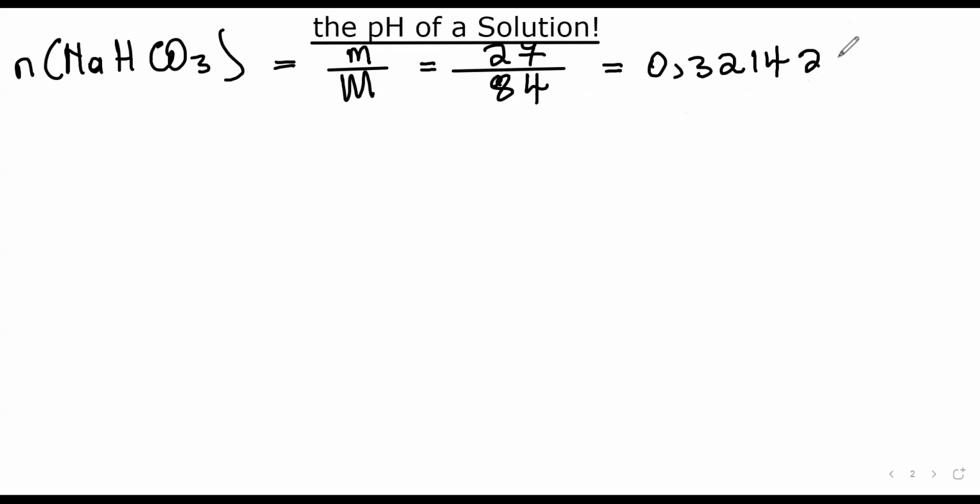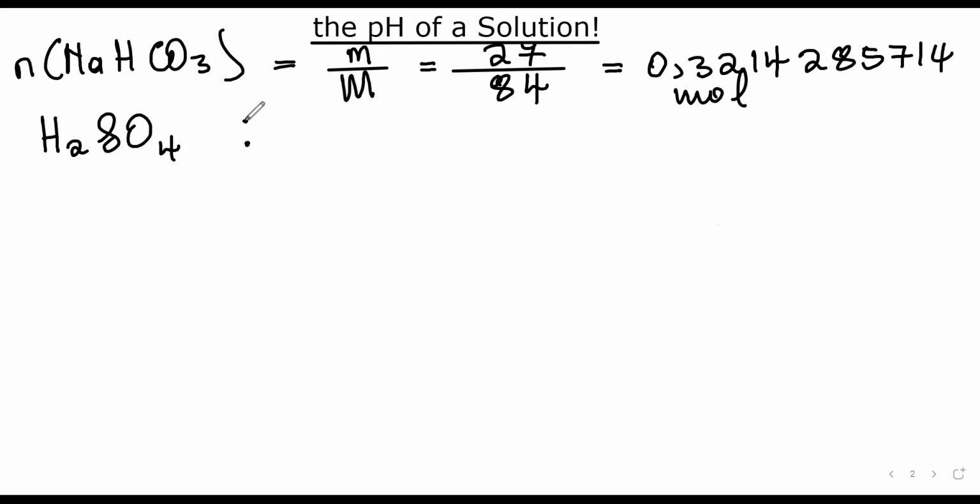So we have 0.3214285714 moles. So these are the number of moles for sodium bicarbonate. But according to this balanced chemical reaction, we know that the relationship between sulfuric acid and sodium bicarbonate is 1:2.